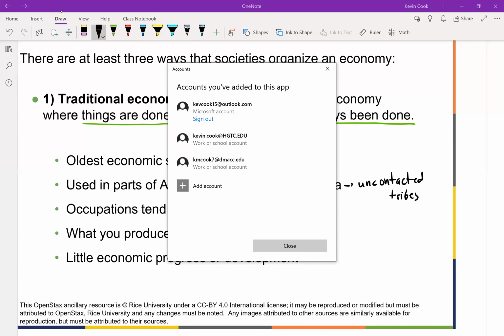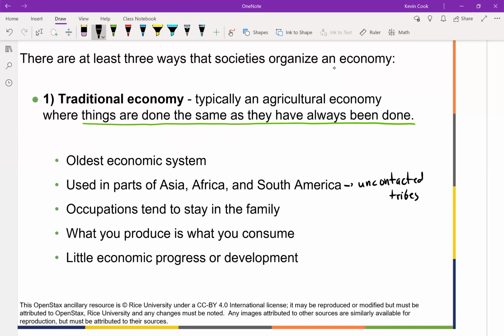So when we think about them in the traditional economy, we don't know what would happen if I just walked into their territory and interacted. They may be friendly, they may not be friendly. We don't necessarily know.